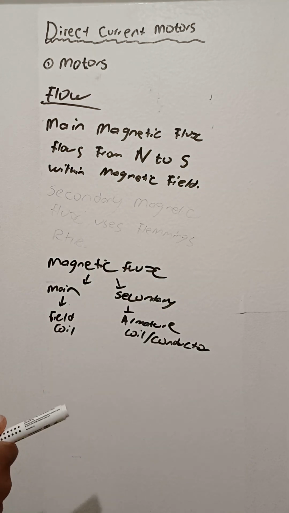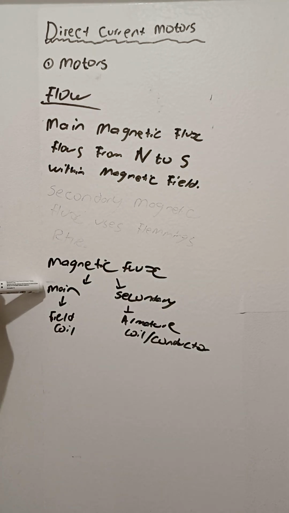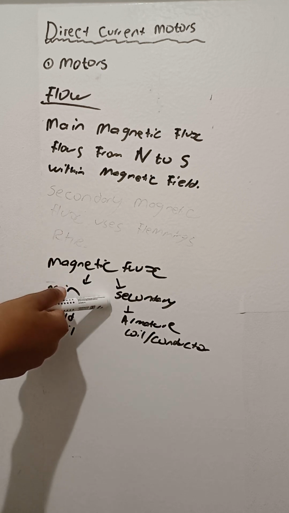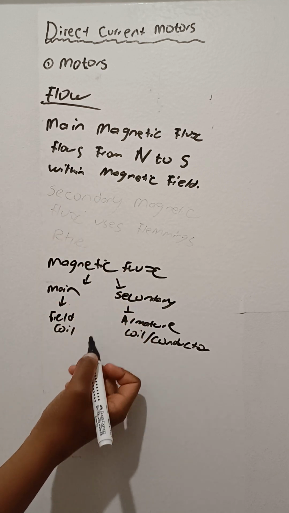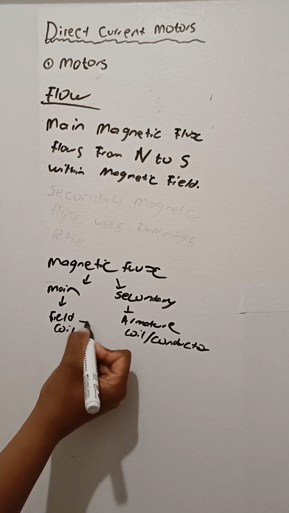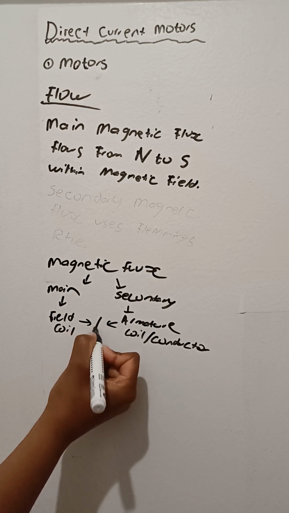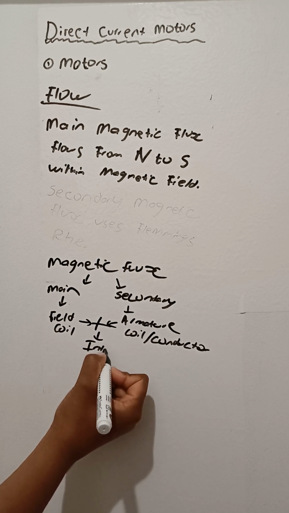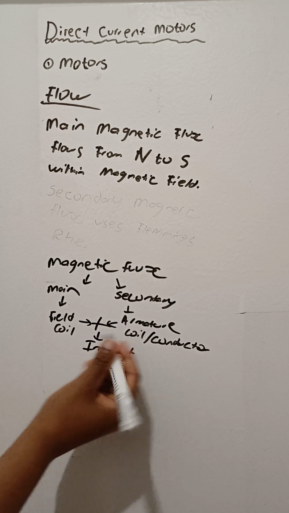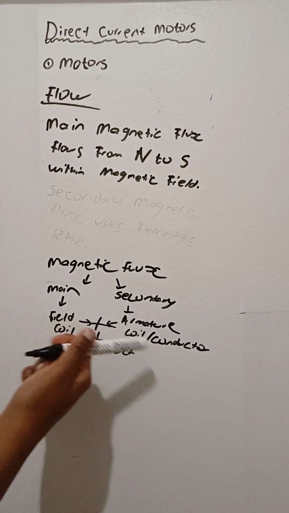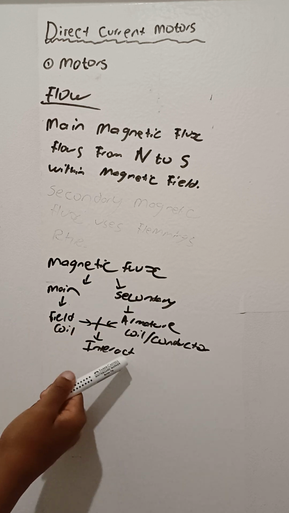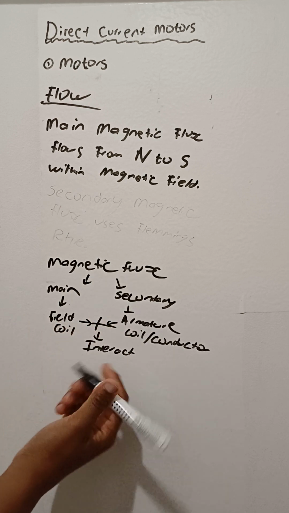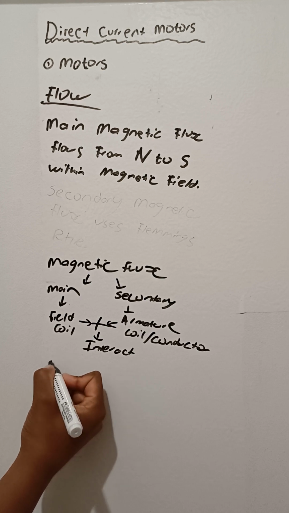So magnetic flux, whether it is main or secondary, when these two, this one and this one, interact, let me write it here. When the main magnetic field and the secondary field interact, they cannot intersect each other.